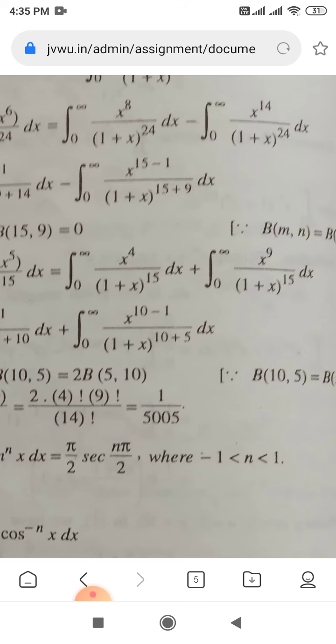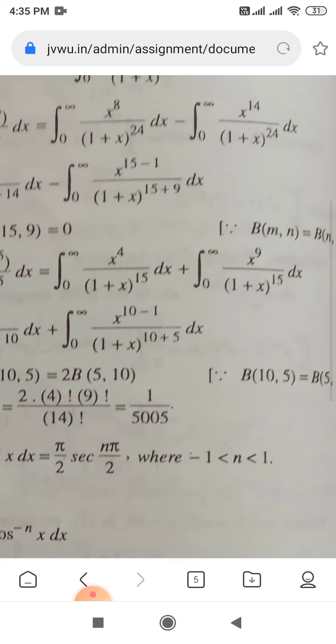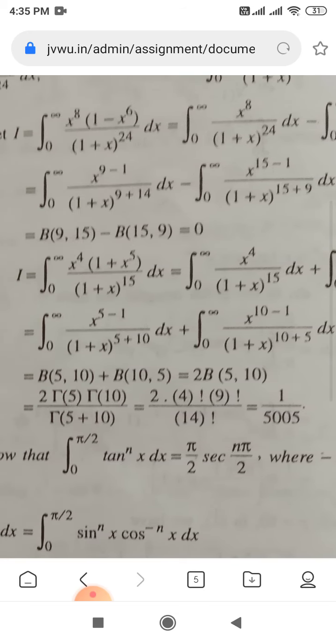The next expression x^9 can be expressed as x^(10-1), and 10 will be the common, so (1 + x) to the power 10 plus 5. It is again beta(5, 10) and beta(10, 5). So after addition it will be 2 beta(5, 10).